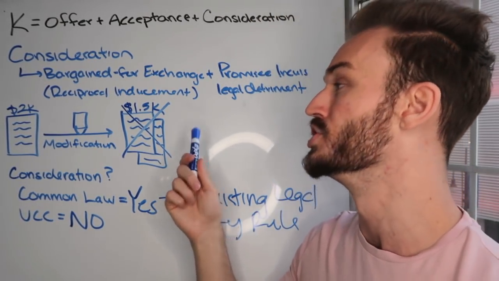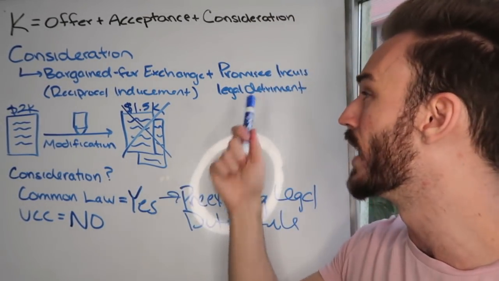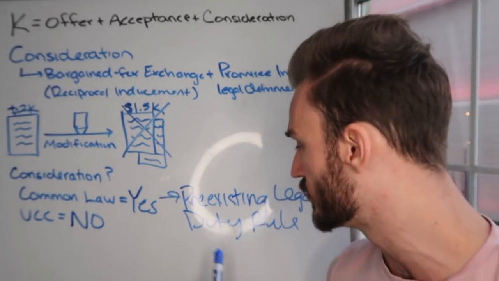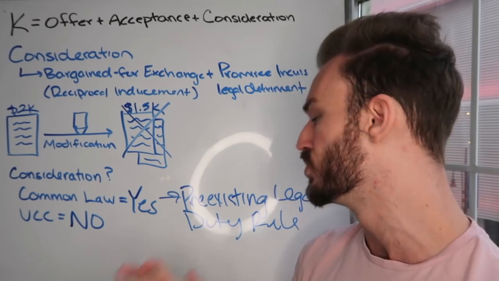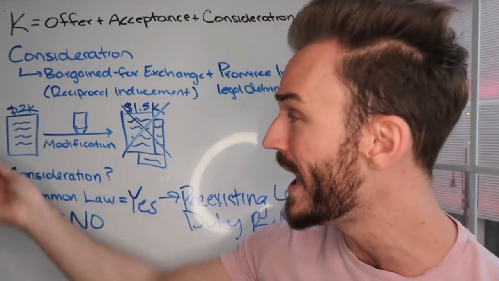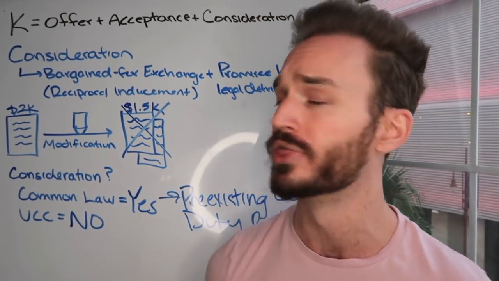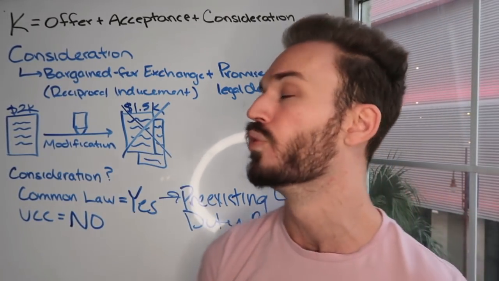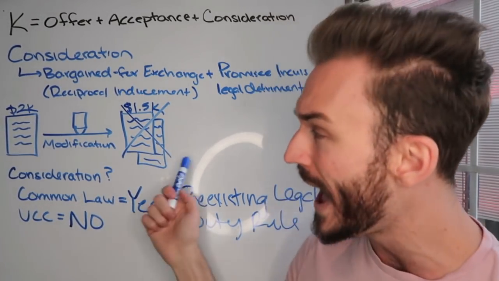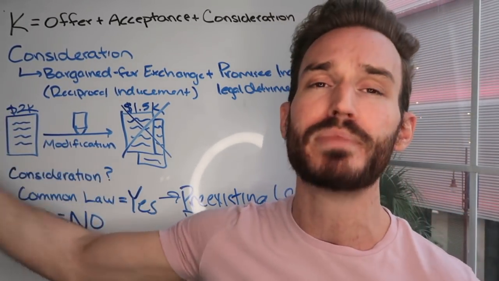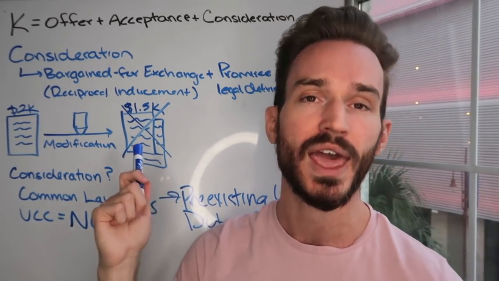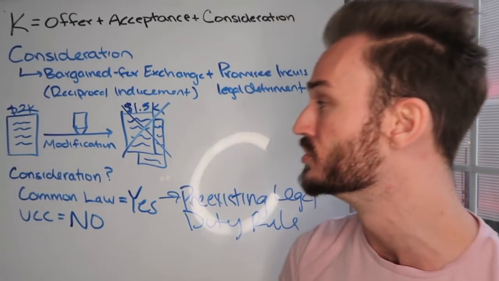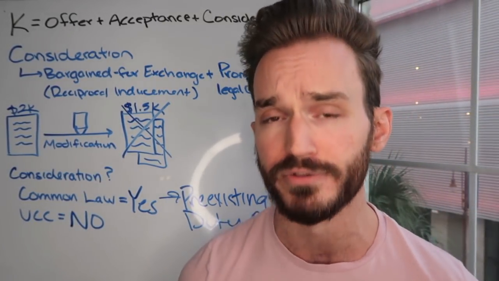You've incurred no detriment. The key, right? Under the pre-existing legal duty rule, you already had a pre-existing legal duty to pay $2,000 per month, and now we've lowered that to $1,500. Lowering it to $1,500 is not going to constitute consideration for the modification.